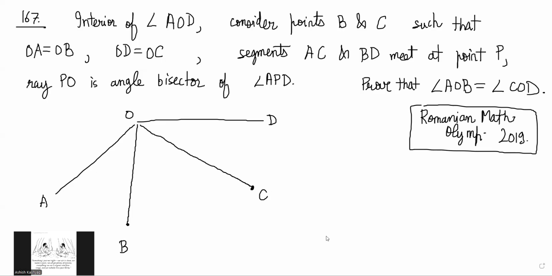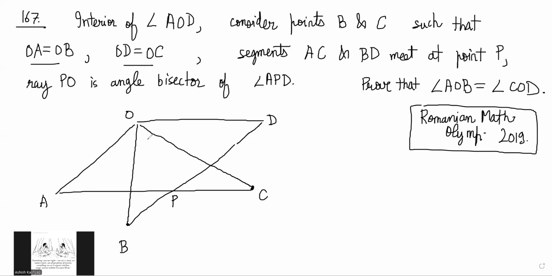Okay, great. Now we have this stuff is done. They are saying segments AC and BD meet at point P. So let's join AC and let's join BD. AC and BD we will join and they meet at point P here. Okay.